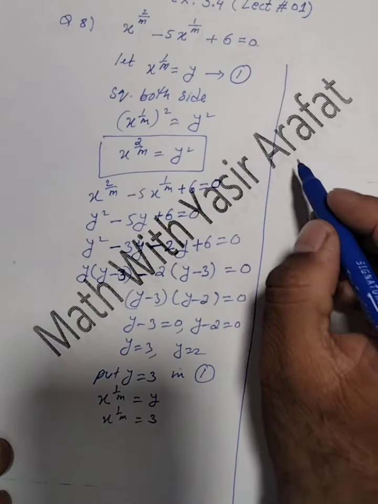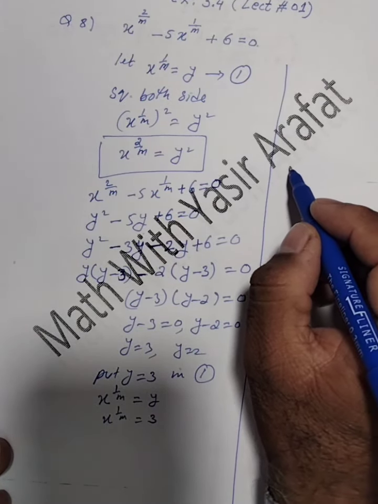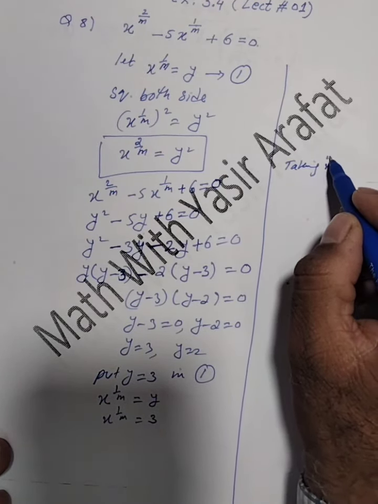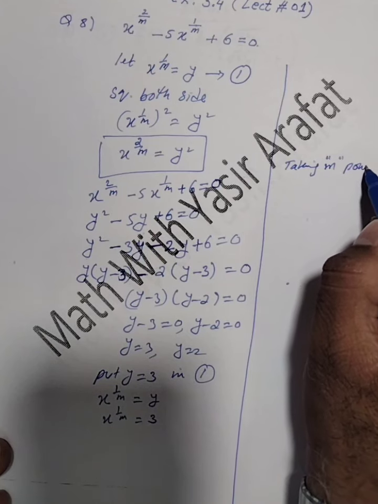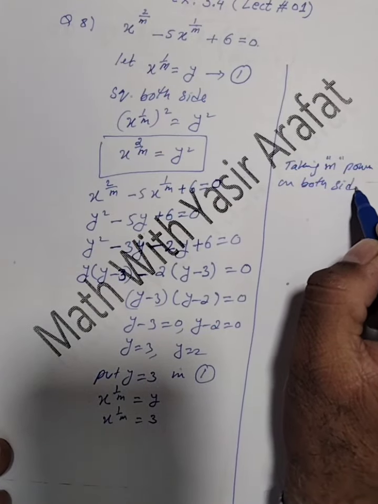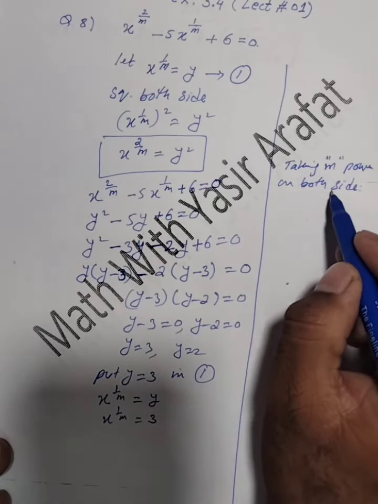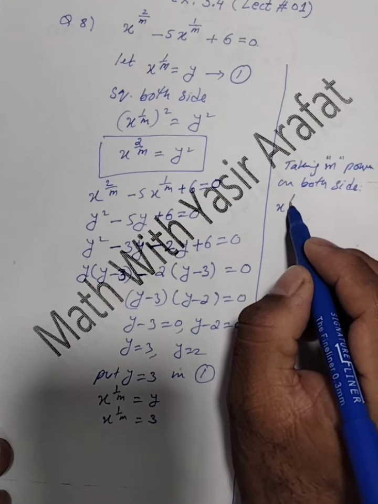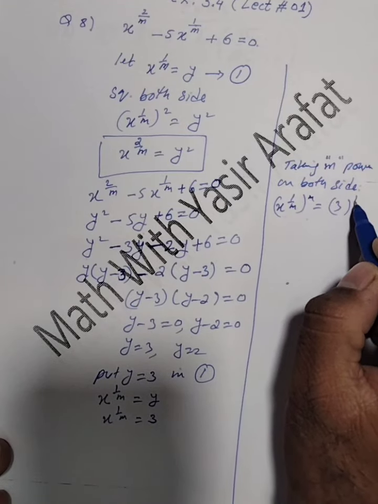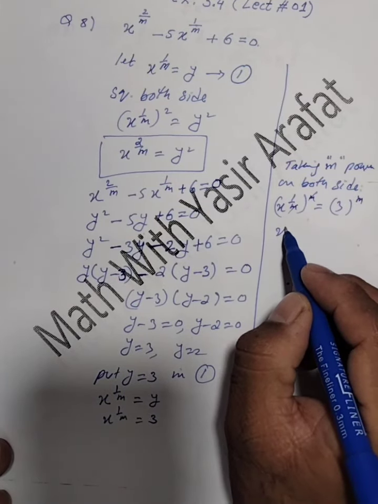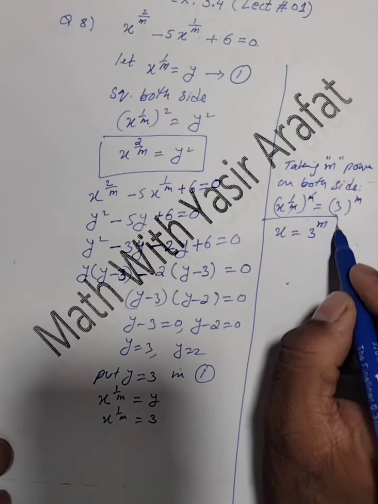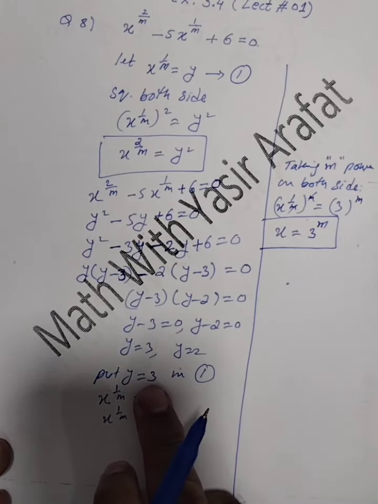So here taking m power on both sides. So this is 1 upon m whole power m. It is equals to 3 power m. So this m will cancel out to this one. So the value of x, it is equals to 3 power m when y is equal to 3.